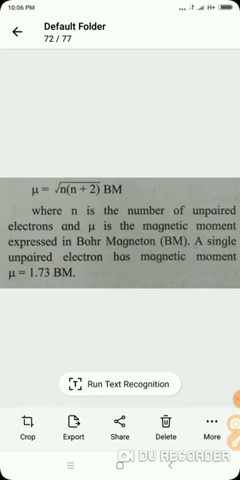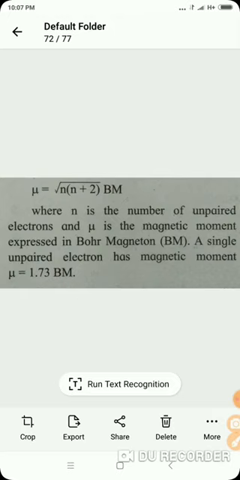This is the explanation of the formula. n stands for the number of unpaired electrons, and mu is the magnetic moment expressed in Bohr magneton. A single unpaired electron has a magnetic moment of mu equal to 1.73 BM.